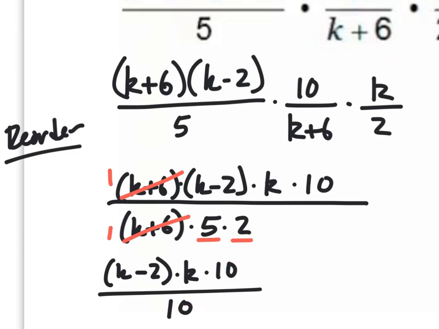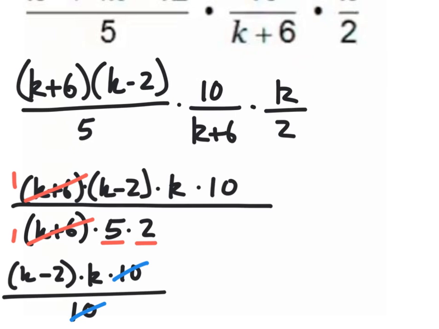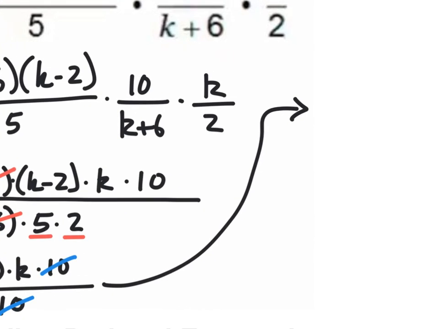I'm multiplying by 10, so I can divide those out. What you're left with in the end is the quantity k minus 2 times k, and this is divided by 1.